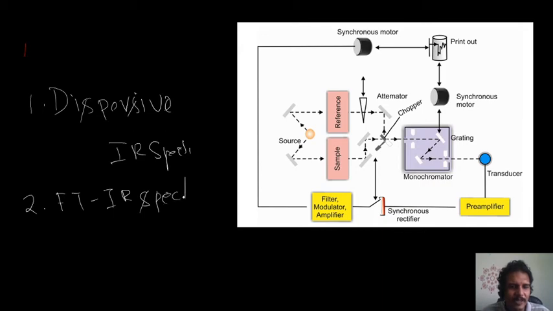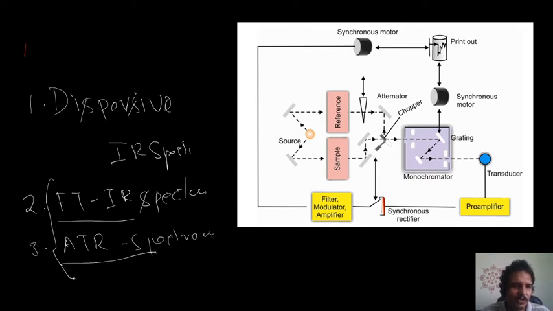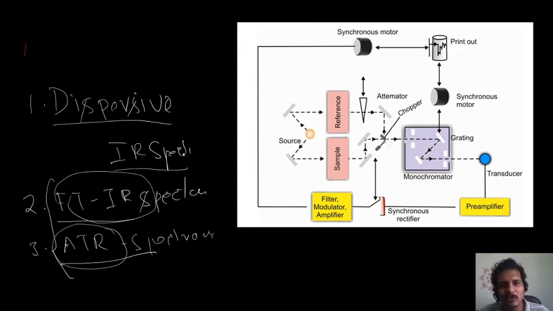And the recent one available in the market is the ATR spectrometer. I'll touch upon it at the last. Modern instruments include FTIR as well as ATR. Even in IIT Madras they will have both. We'll touch upon these two last. First we'll see what a dispersive IR spectrometer is.